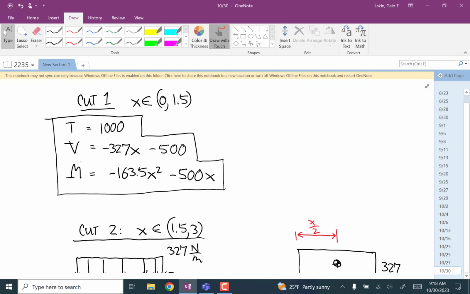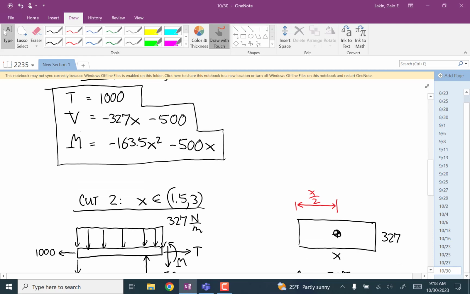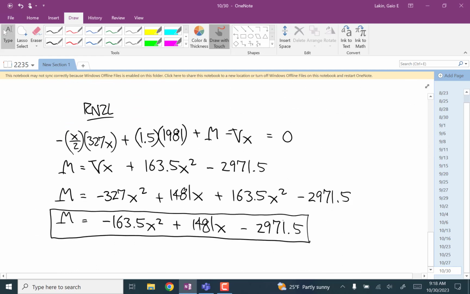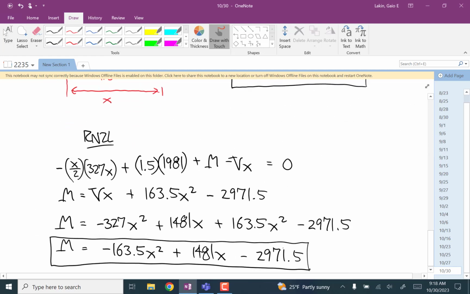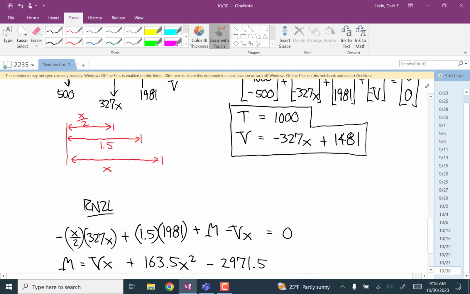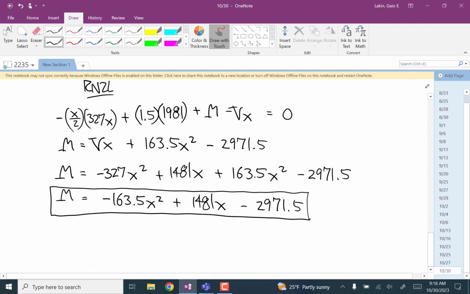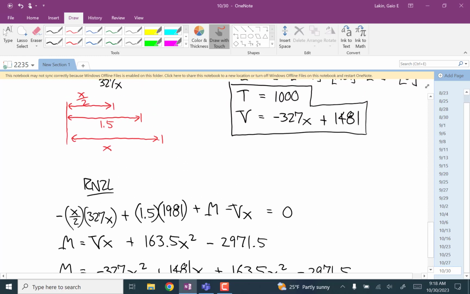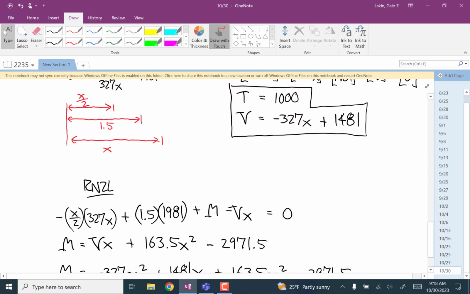And I'm not going to plot those, but let's check the derivative things. We know that dM/dx has to be equal to V. So take dM/dx, you get negative 327x. That term matches. Plus 1481, that term matches. So that's good.